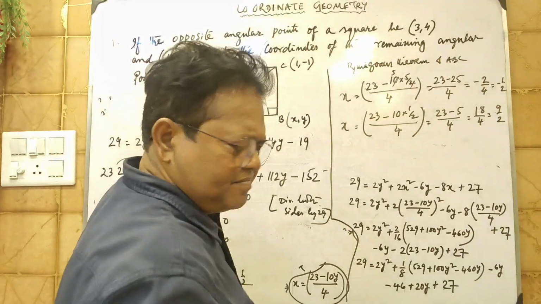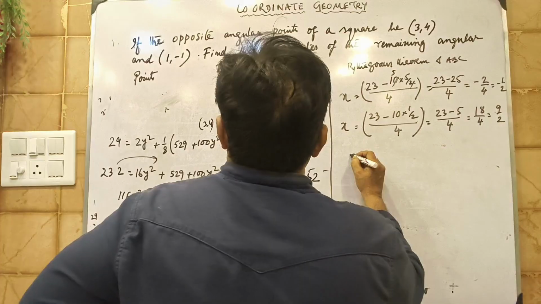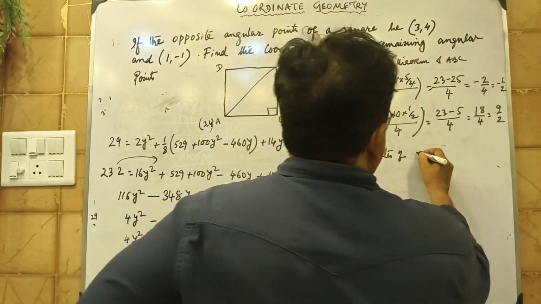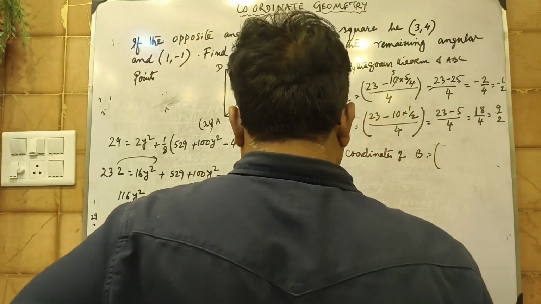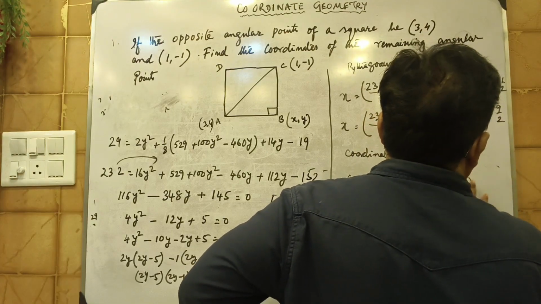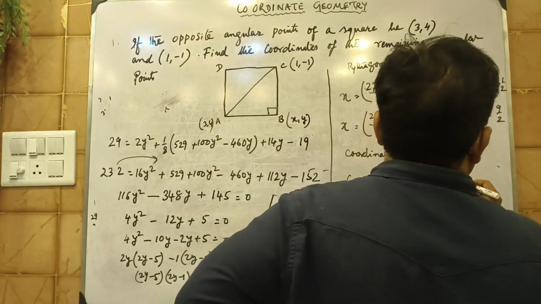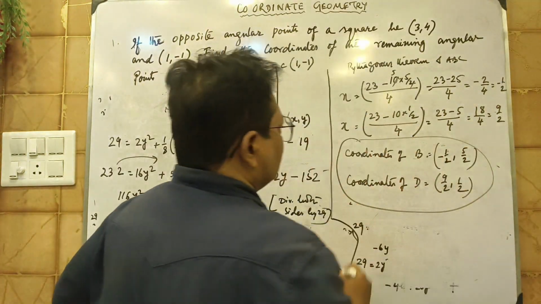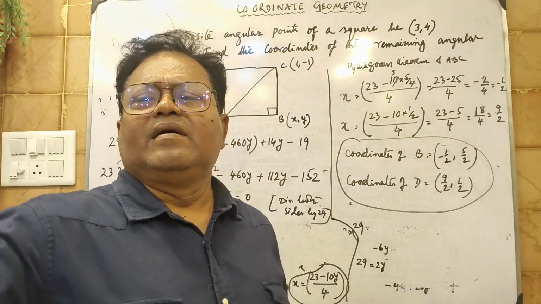So the coordinates of B are minus half and 5 by 2, and 9 by 2 and half. This is the answer. It is the toughest sum, I think. It's very difficult to do it up to this today.